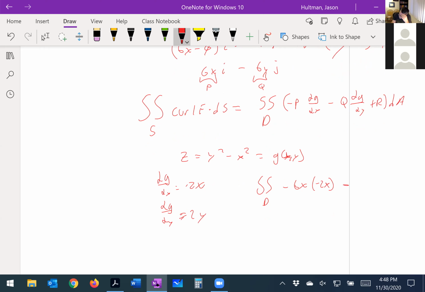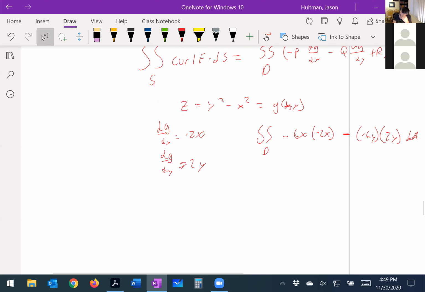Minus Q is negative 6y, and then dg/dy is 2y, dA. So this is going to become positive 12x squared and positive 12y squared, I believe, double integral over D dA.